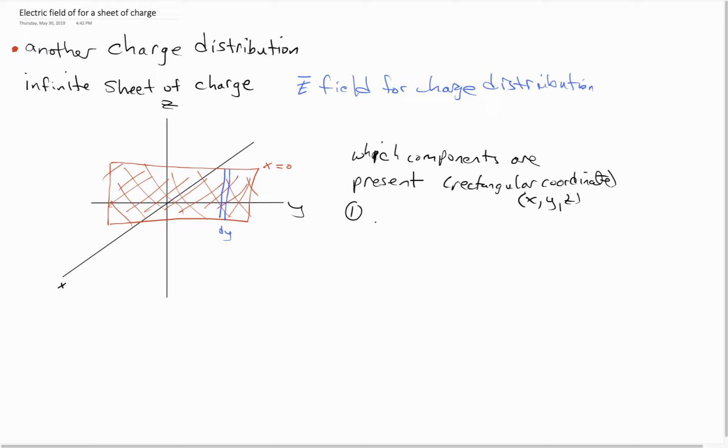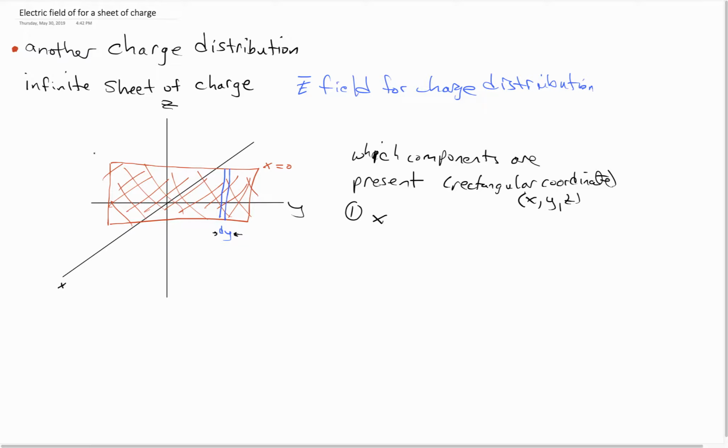And if we look at the x component, how the book presents it is we take this infinite sheet of charge and we divide it up into an infinite number of line charges. Okay, and so here I've shown you this dy is just a section representing one piece of a line charge.